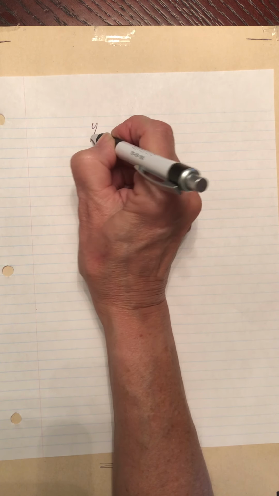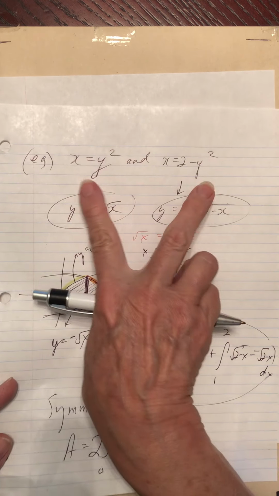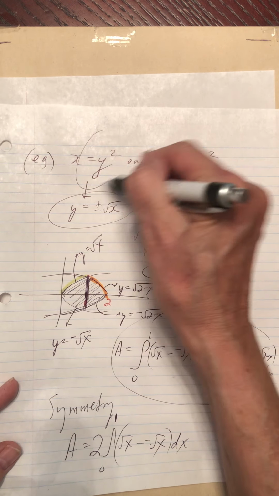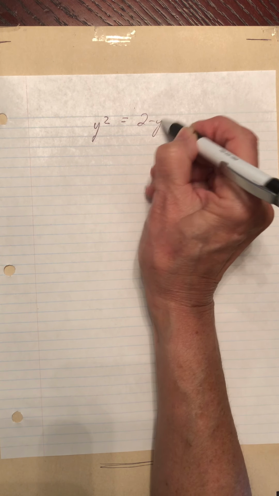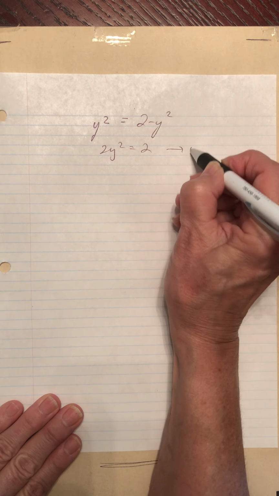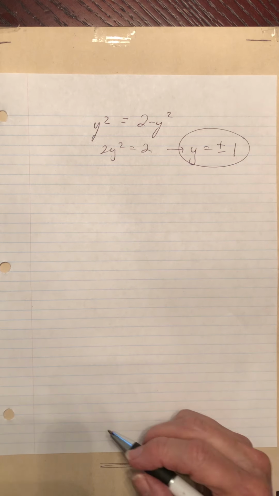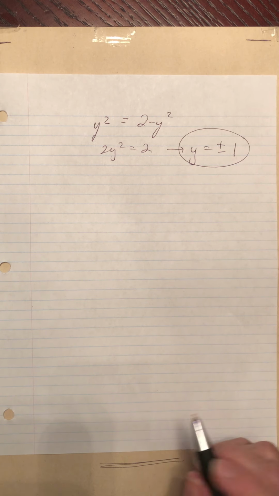So you would take those equations. Now we have y squared, and so we have these two equations right here. I'm taking this. Where's it going to equal this? So y squared has to equal this. So we will end up with, by the time we're done here, y is positive and negative 1. So now I have the vertical positions of where they meet.